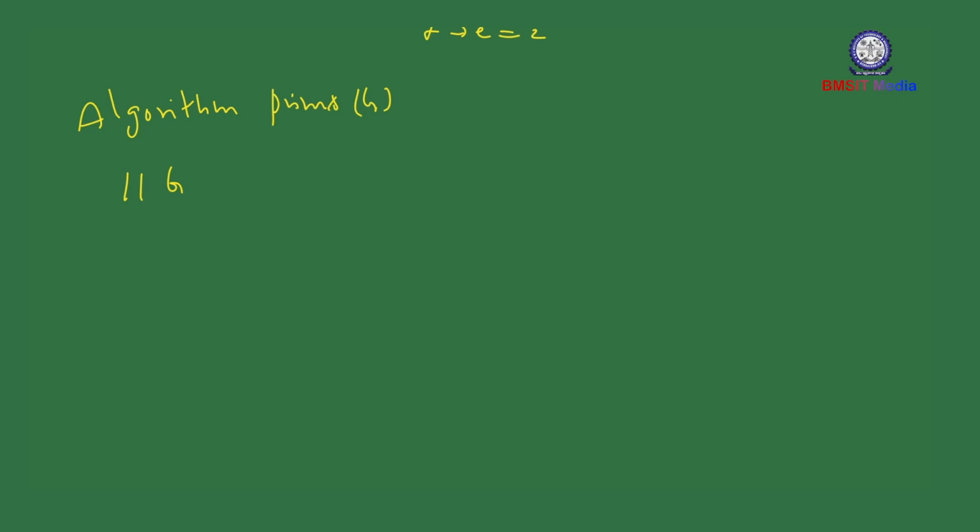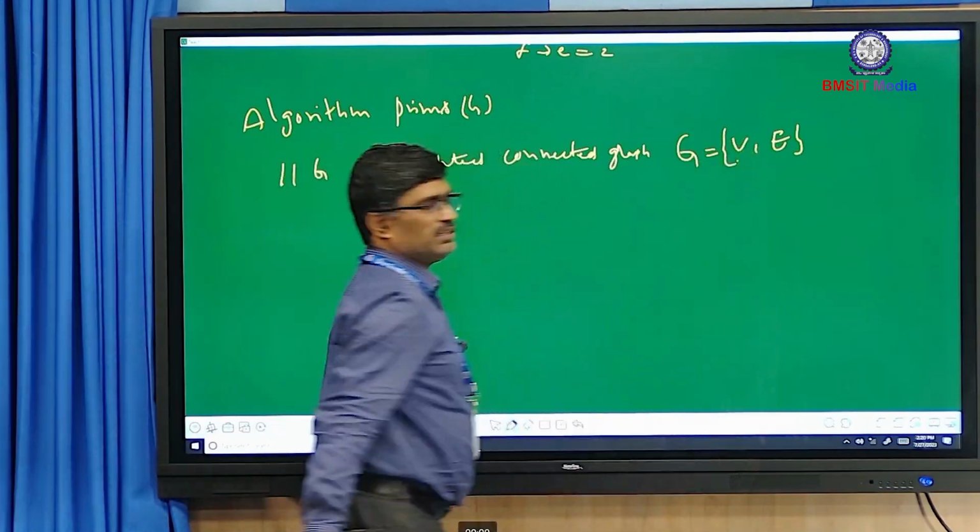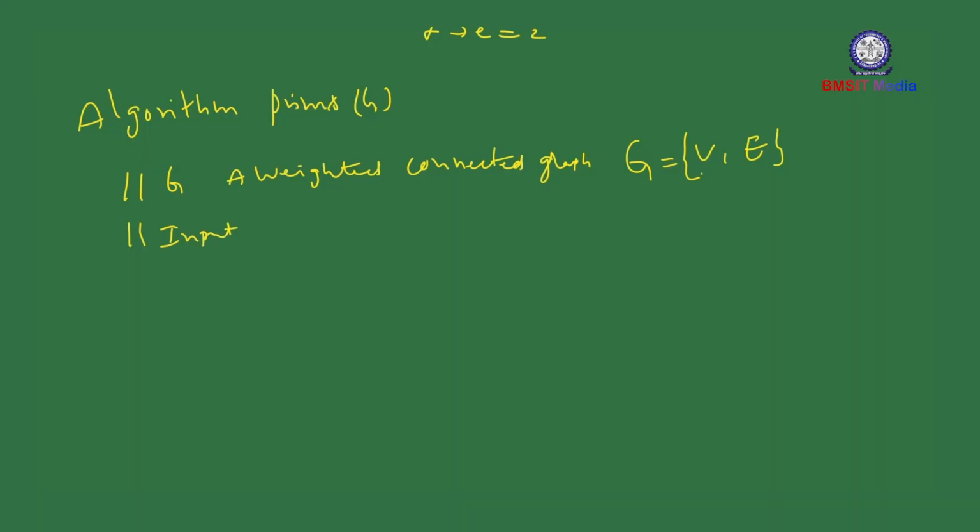So write it here: a weighted connected graph, a set of vertices and edges. These are called the nodes, and these are called the edges. Now you have the input values also. Input is the weighted graph.